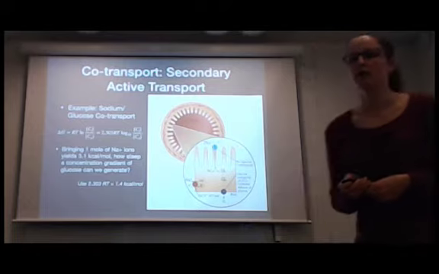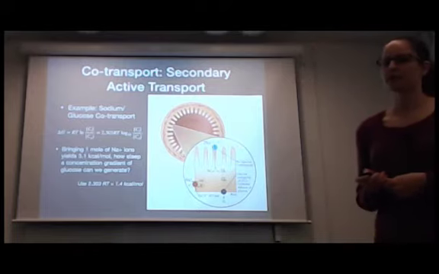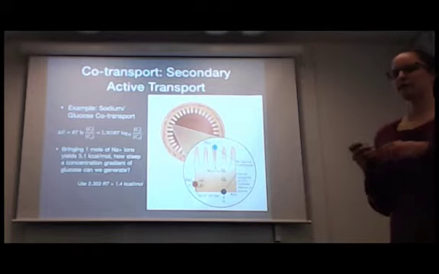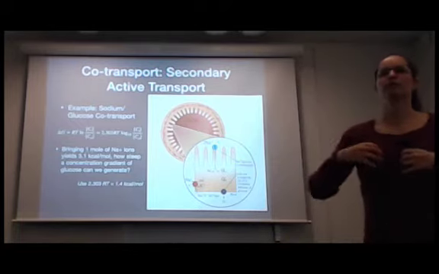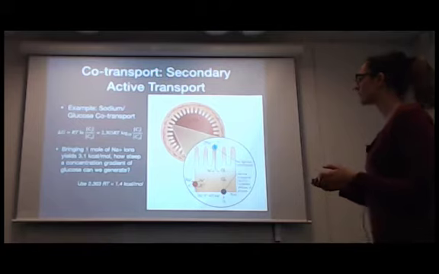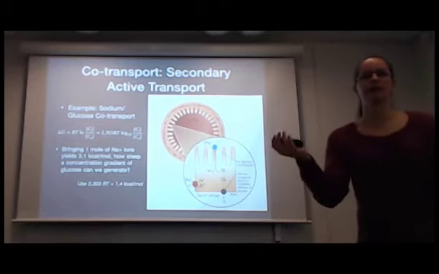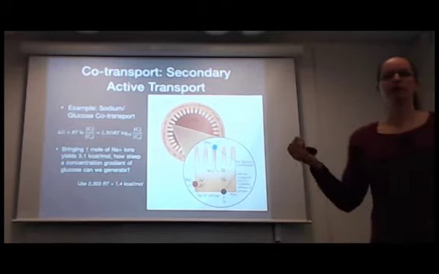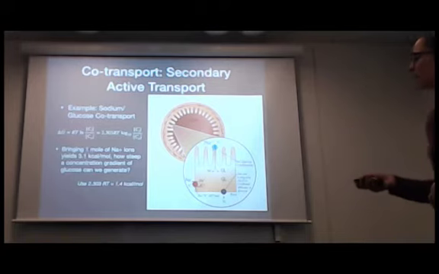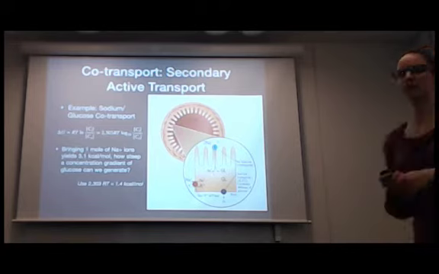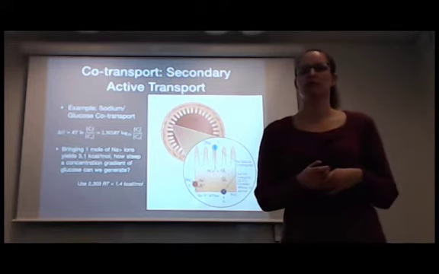I don't have a movie of this, but as I've shown you in the previous case, you were exporting 3 sodiums for importing 2 potassiums. You can also have so-called symport, where glucose is piggybacking onto sodium being transported. And transporting sodium inwards is favorable. Why?